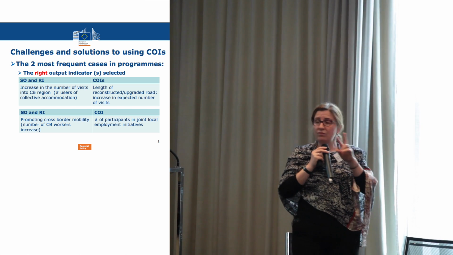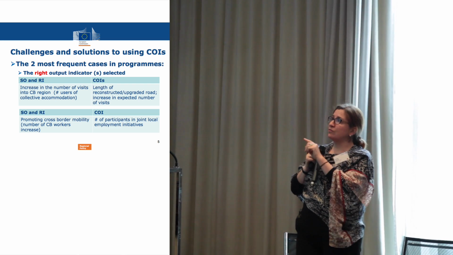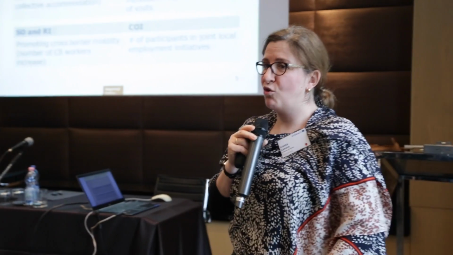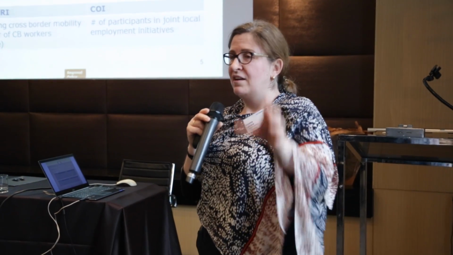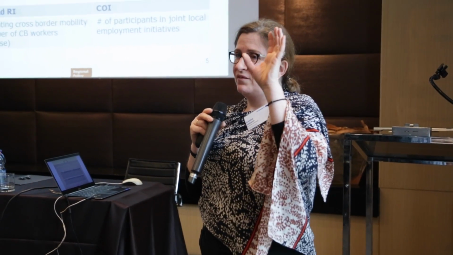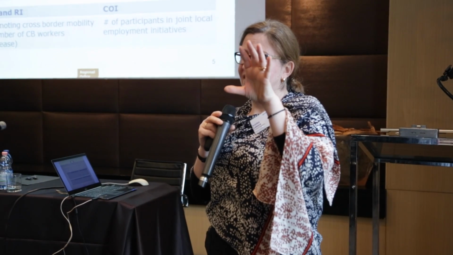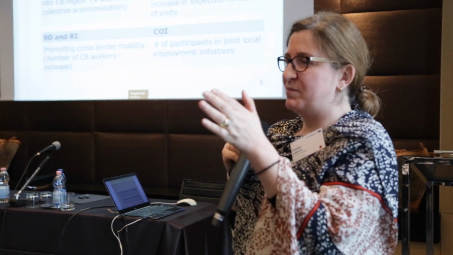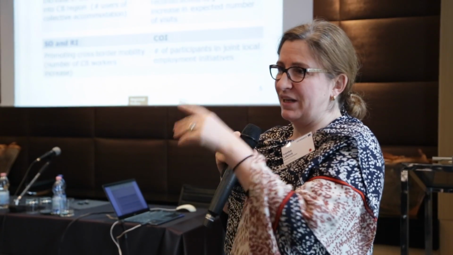And the main two, these are not the only 2 cases, but they're the main 2 cases. I've scanned quite a large number of intervention logics that Interact has very courageously put together for all the programs, where they've defined the specific objective, help me out, the result indicator, then the output indicators, common or program specific, and then the actions that are going to lead to this.